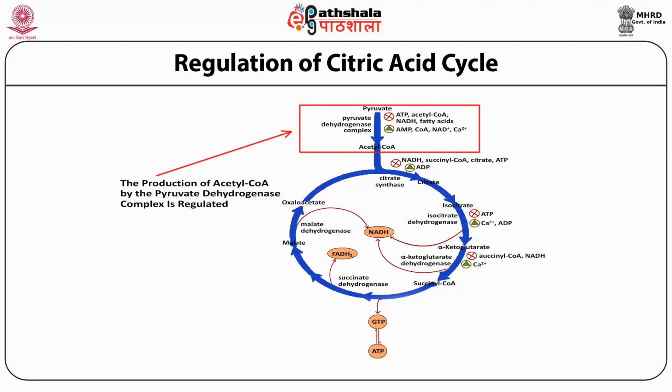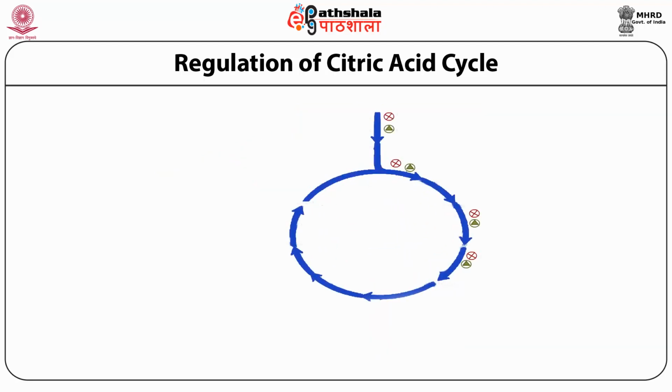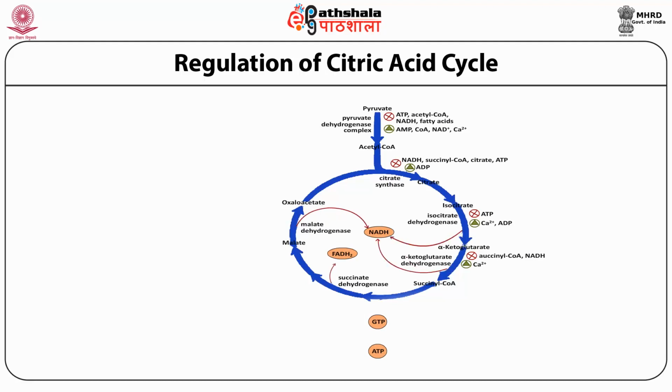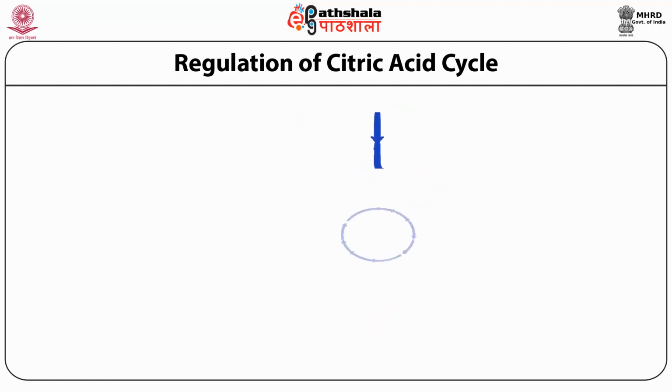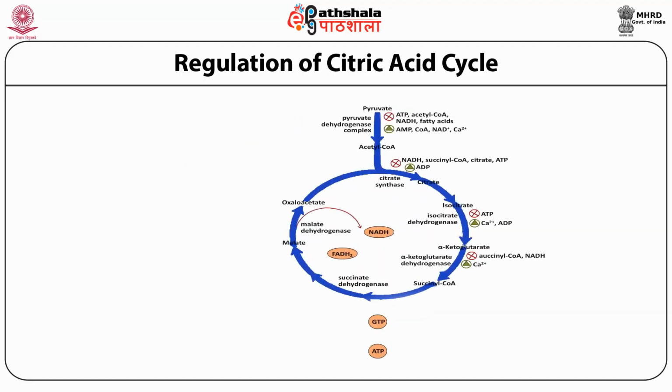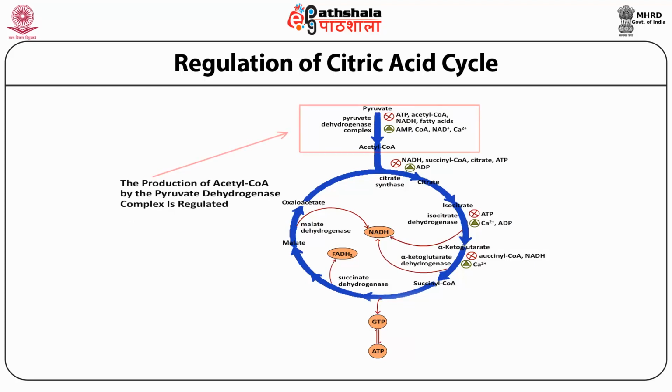The pyruvate dehydrogenase complex of Escherichia coli is under allosteric regulation similar to that of vertebrate enzymes, but regulation by phosphorylation apparently does not occur with the bacterial enzyme.